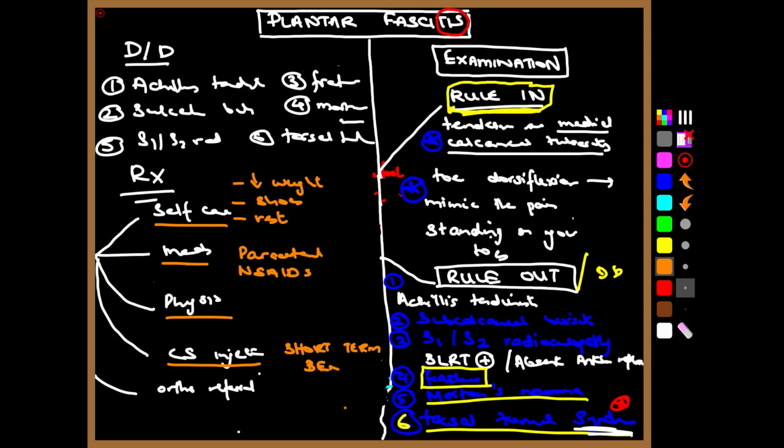And orthopedics referral. Now, when would we refer to orthopedics is if we'd want the patient to go for more than just conservative managements, but for something known as the extracorporeal shock therapy or surgery.